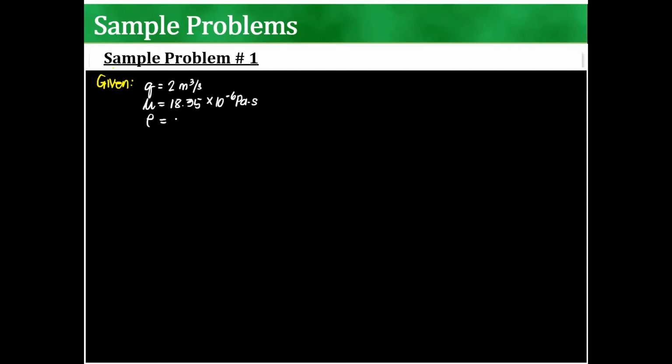The density is 1.2, so this is the fluid, 1.2 kilograms per cubic meter. And then the density of the solid, or basically the density of the particle, is 1000 kilogram per cubic meter.